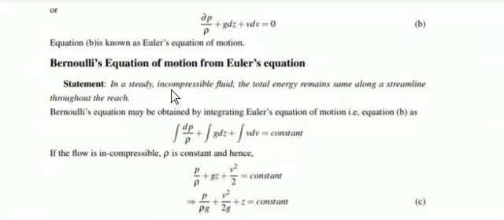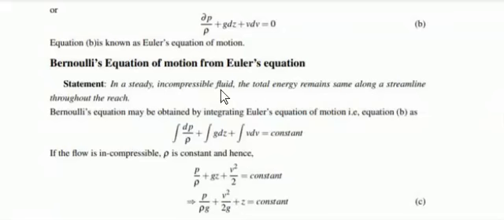In a steady and incompressible fluid, the total energy remains the same. Whatever energy is there in the fluid remains the same along the streamline throughout the reach. The energy in the streamline is the same from entry to the exit of the streamline.